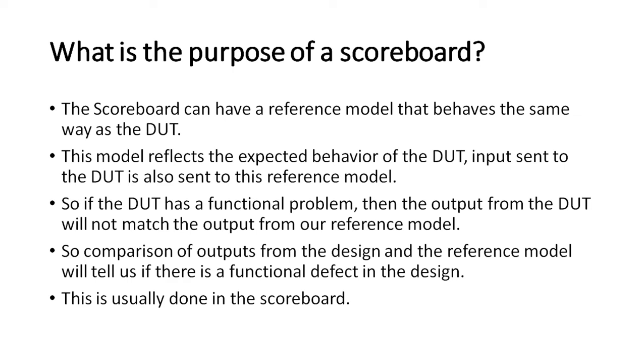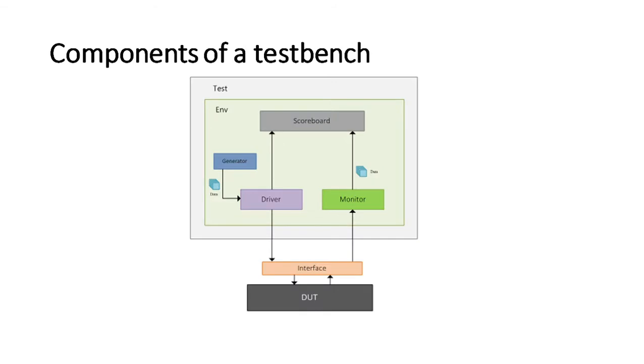In the architecture, the output of the DUT is received by the scoreboard here, and the driver output is also received through the mailbox. So for comparison, the scoreboard checks the output of the driver and the DUT.